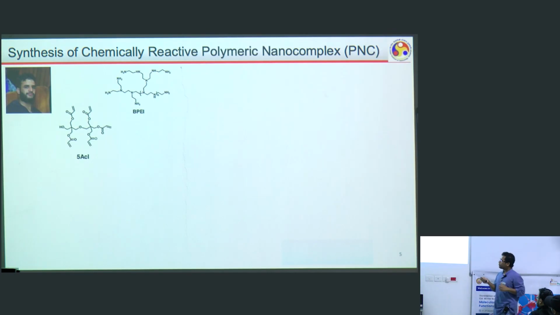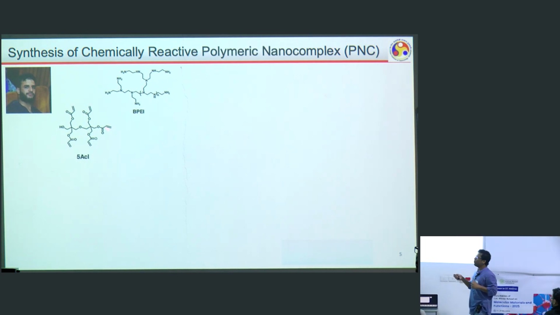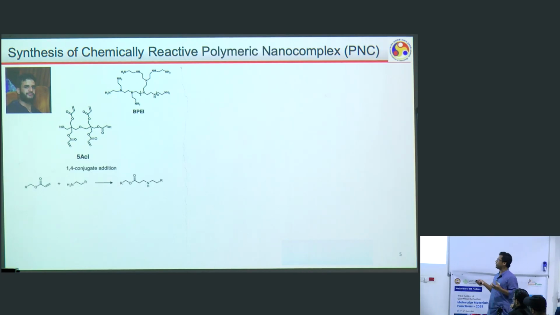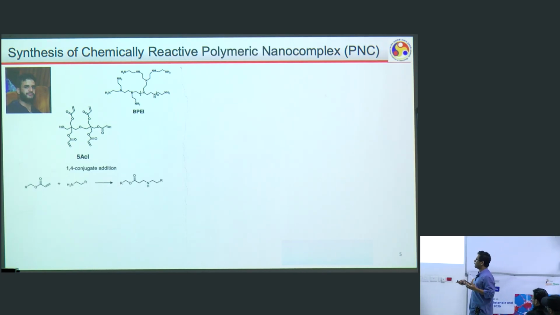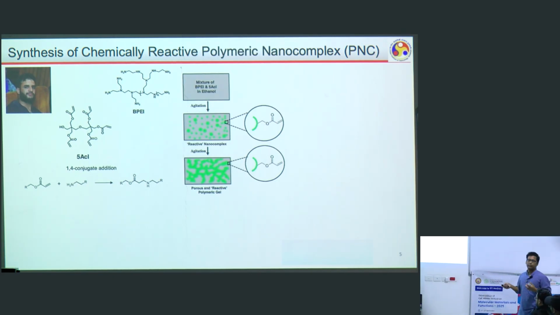Now, in my research group, this is my first PhD student, Adil. So he started with these two commercially available reagents, BPI, branched polyethylenimine, and the 5-ACl, which has 5 cross-linking points. And in particular reaction compositions, it undergoes this 1,4 conjugate addition reaction, and it undergoes solution to gel formation.